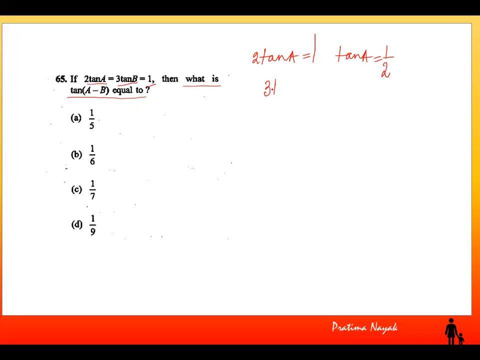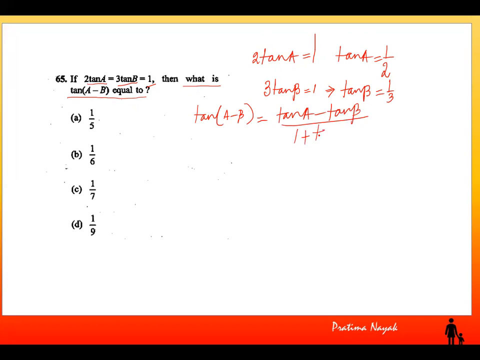Similarly, 3 tan B is equal to 1, which gives you tan B is equal to 1 by 3. Now recall the formula: tan(A minus B) is equal to tan A minus tan B upon 1 plus tan A into tan B.